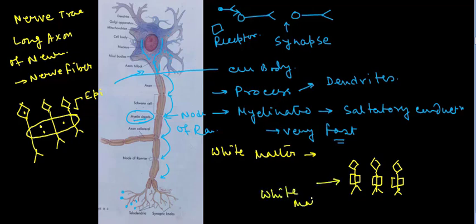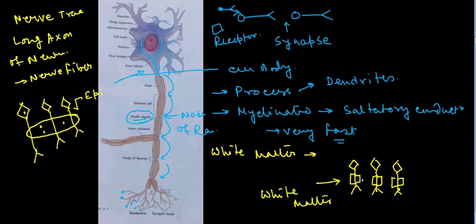The white matter and gray matter are very important in the central nervous system, that is, the brain and the spinal cord. So the myelin sheath usually forms the white matter, right?